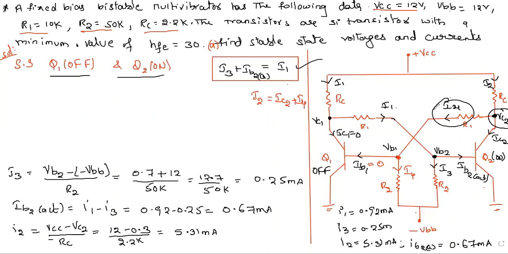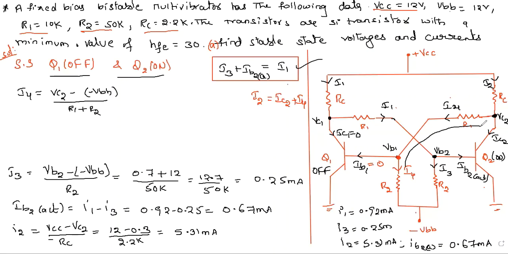The same I4 is flowing through R1 and through R2, since it is the same branch. So I4 is equal to VC2 minus VBB divided by R1 plus R2.